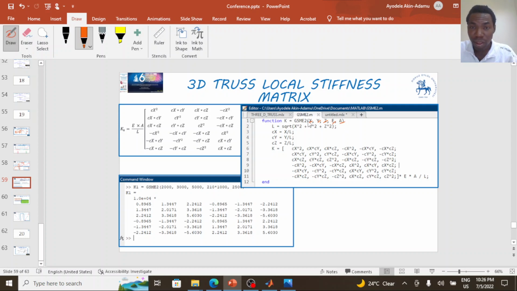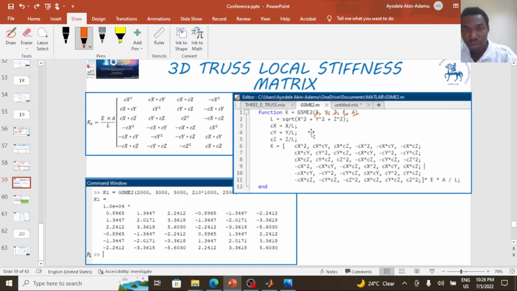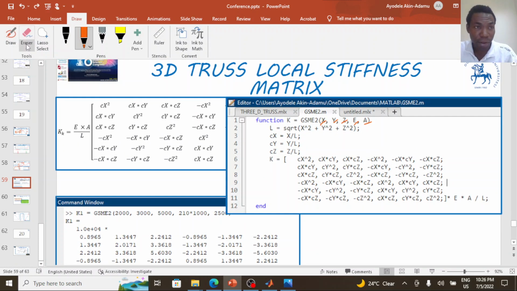Once these are entered as input variables in the function, the length of the member gets calculated by this Matlab line of code. L denotes the length, the square root of X squared plus Y squared plus Z squared, where X, Y, Z are what was entered as input variables.